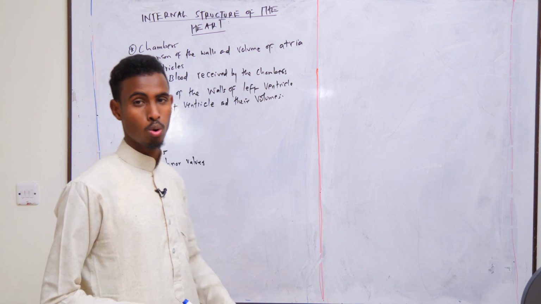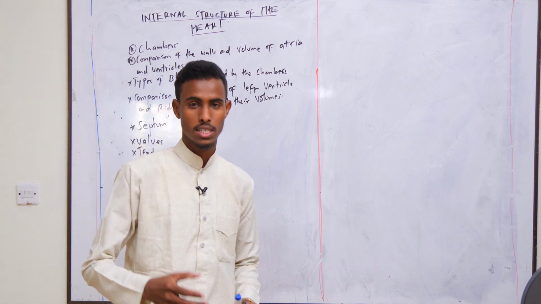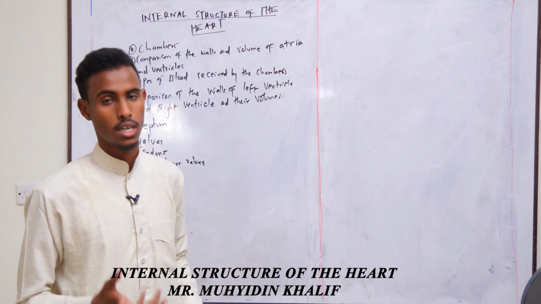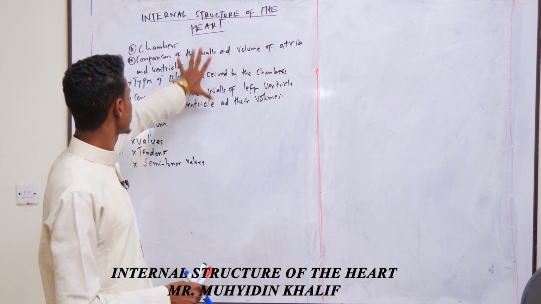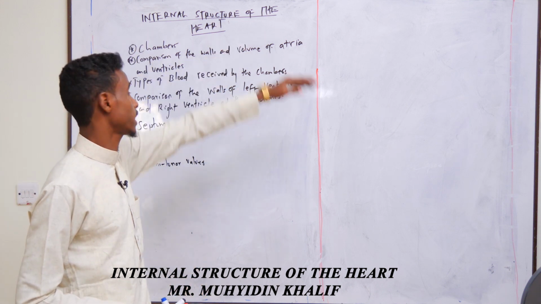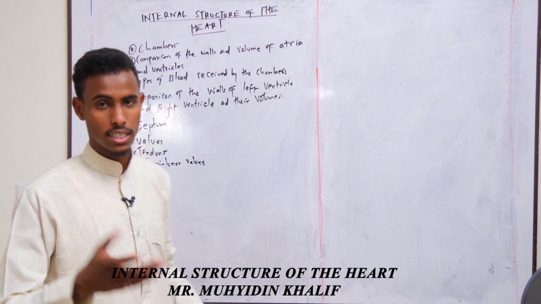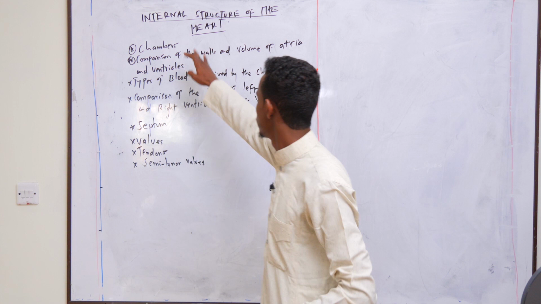Now part 2 of that is the heart. Today I want us to discuss the internal structure of the heart. As you can see on the whiteboard, we have the internal structure of the heart. We will start with the chambers of the heart.